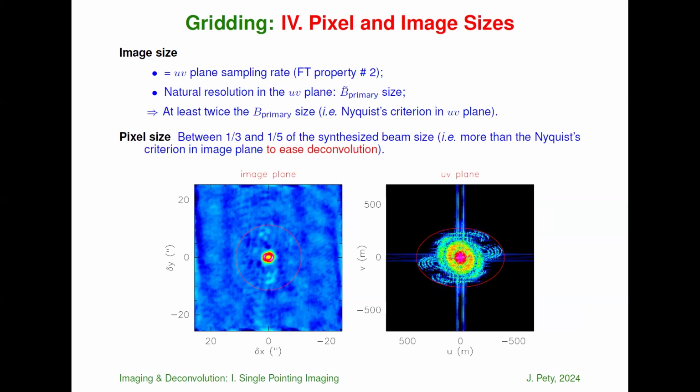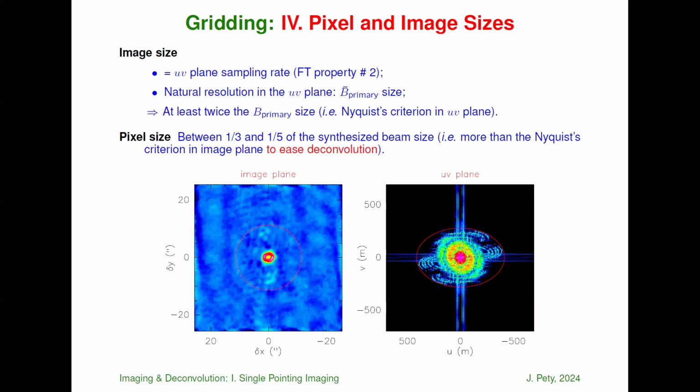So in the image plane, the natural size of your image, I've told you since the beginning that what you measure is not the intensity of the source, but the intensity of the source times the primary beam. What is the primary beam? The primary beam is a Gaussian that is going to 0. Okay? So here, this is the full width at half maximum of your Gaussian.